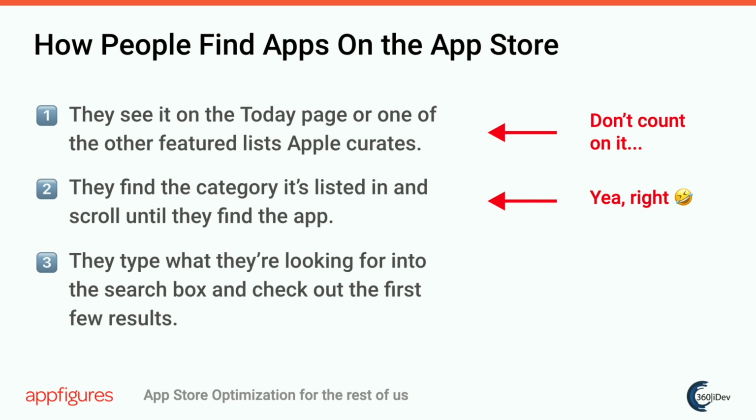They're going to type the most basic of what they think they should do. Maybe it'll get auto-completed to something that actually makes sense. Otherwise, there's going to be a keyword or two. And bingo, that's how most people do it. I believe the number from Apple is more than 82% of downloads start with a search. So if someone is on the App Store, they find your app by searching for it.